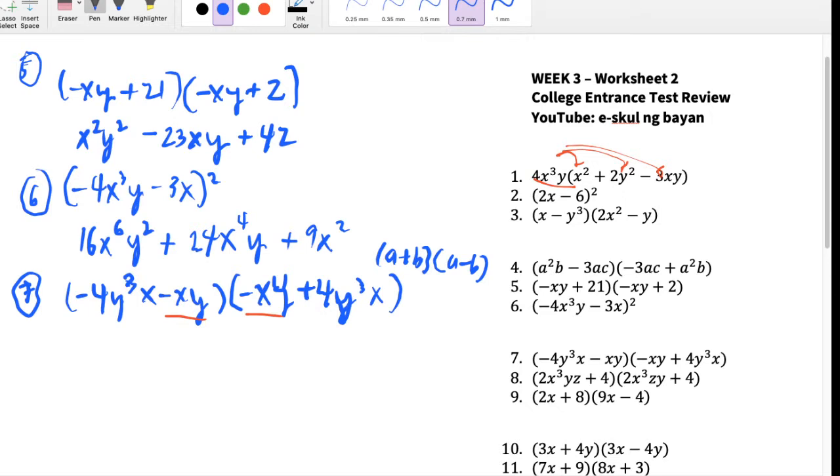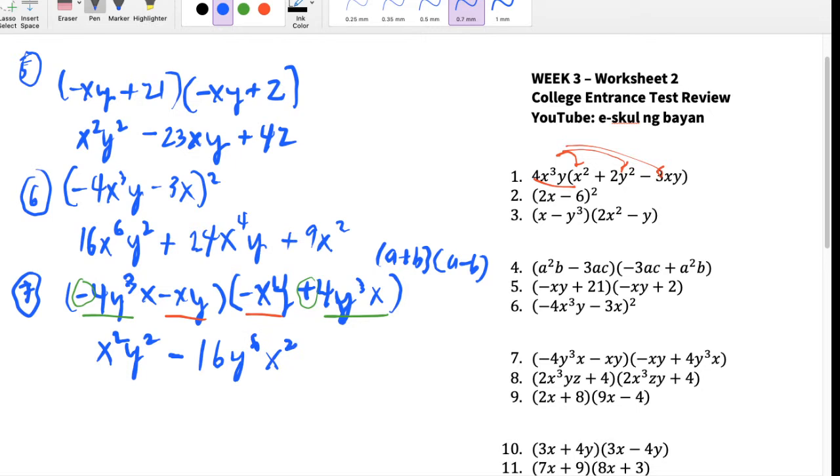So, xy, quantity xy squared, that's equal to x squared, y squared. Okay? Minus, kung ano yung terms natin na equal absolute value pero opposite sign. Here we have negative, here we have positive 4y cubed x. Okay? So, if we square that, we will get 16 y raised to 6 x squared.